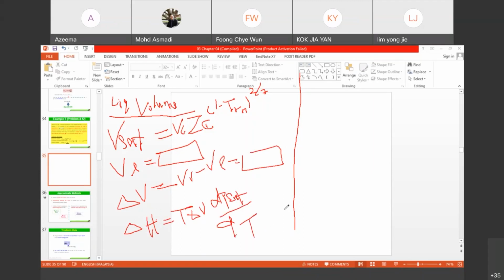From the Antoine equation, ln P saturated equals A minus B divided by (T plus C). So just rearrange this equation in terms of P saturated.